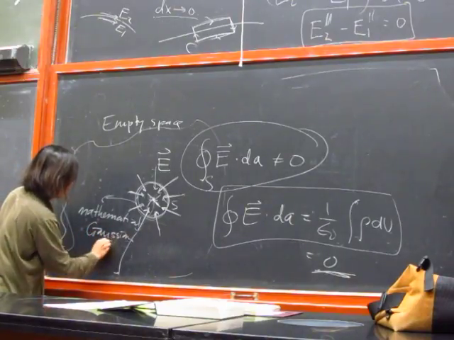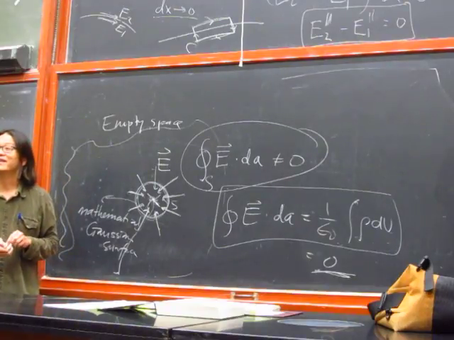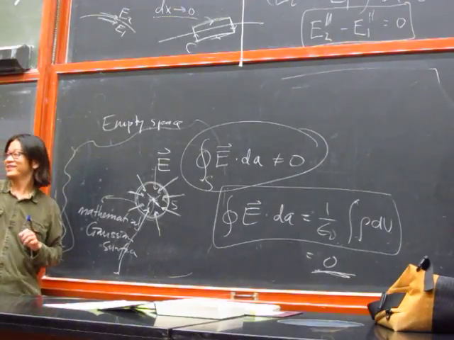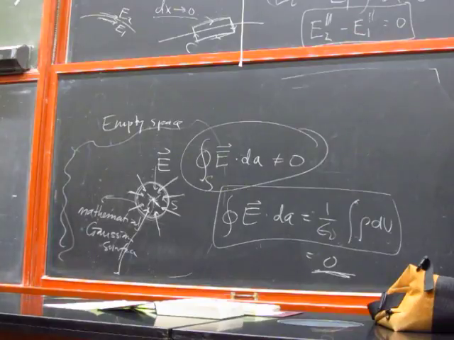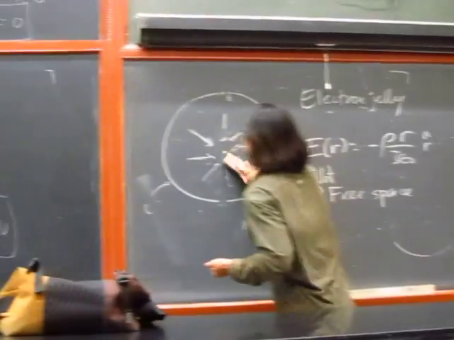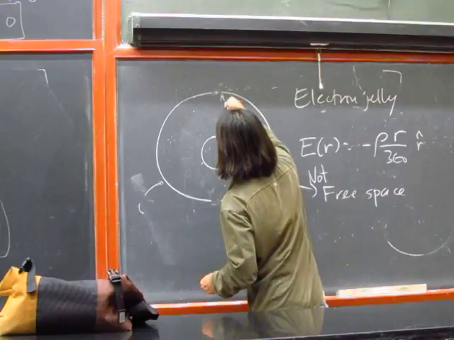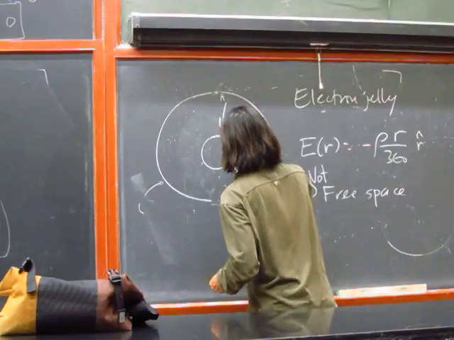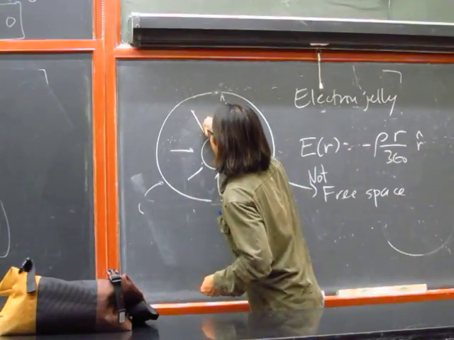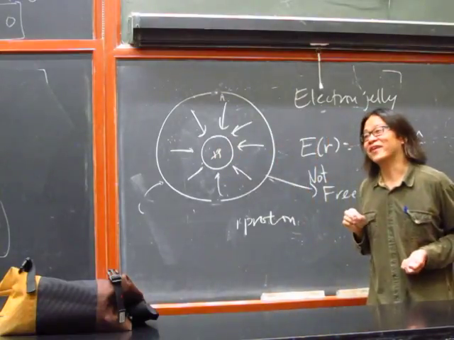So if you take out the proton from the center of the electron jelly, does it make the whole thing free space? If you somehow make the jelly look like this, then the proton here is not a stable trap.